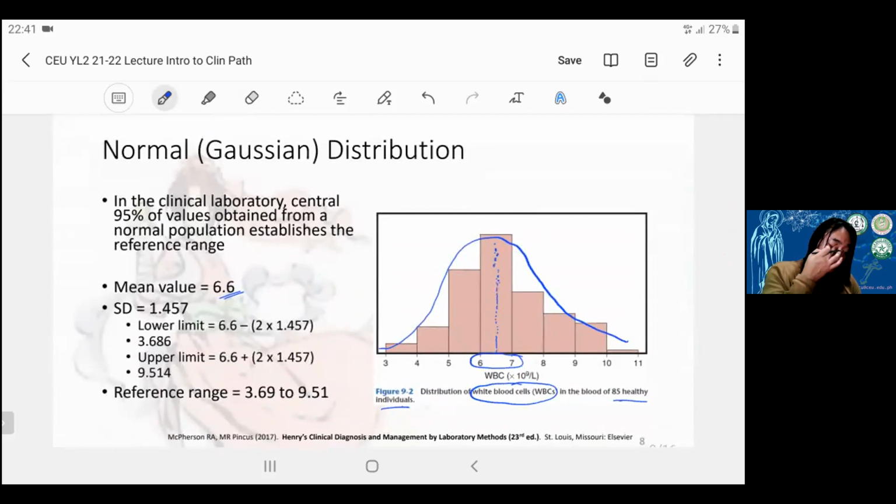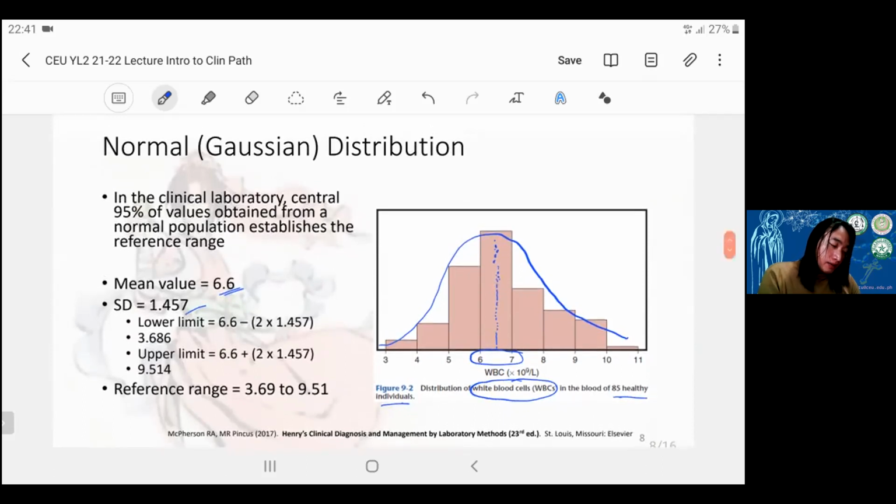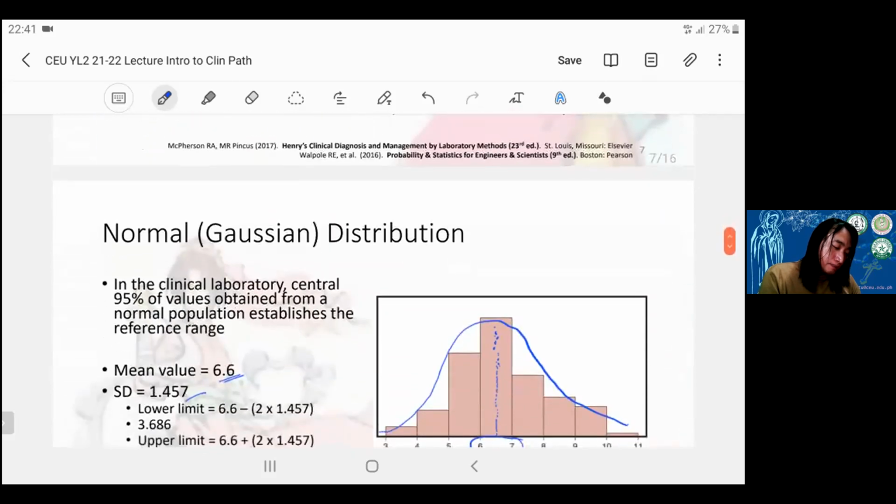And the lower limit would be 2 standard deviations from the mean value. So standard deviation was computed to be 1.457. And the lower limit, again, we said that we are trying to establish the 95% of values in a normal population.